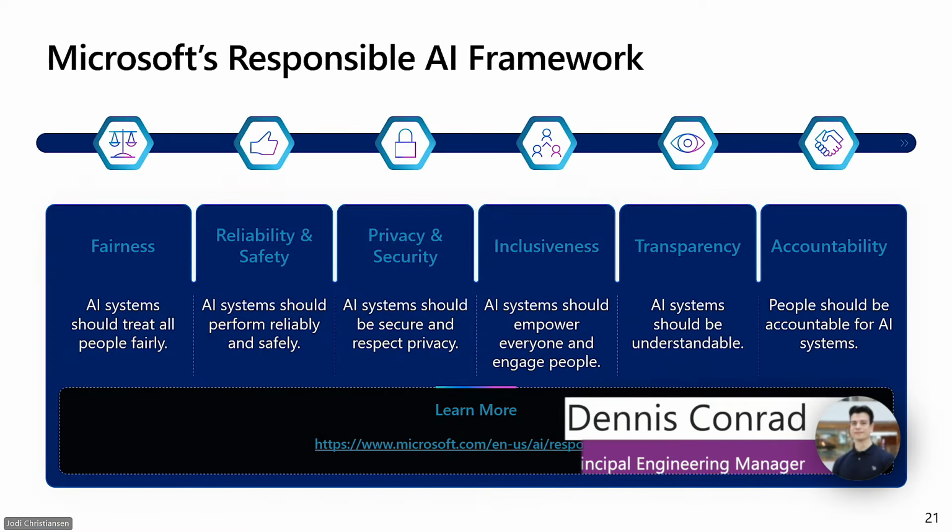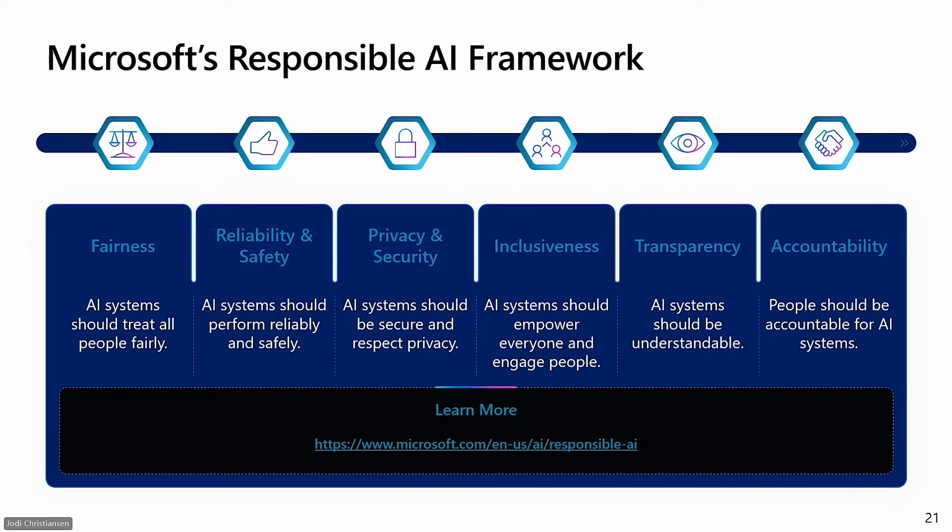Thank you, Jodi. So these AI features, just like all Microsoft AI features, follow the Microsoft Responsible AI framework. The goal of this is to make sure that all AI systems allocate equal opportunity and resources and information in ways that are fair to the humans that are using them. They are also reliable and safe and will function well for people across different conditions and contexts.